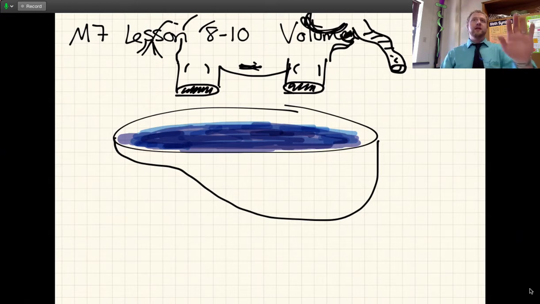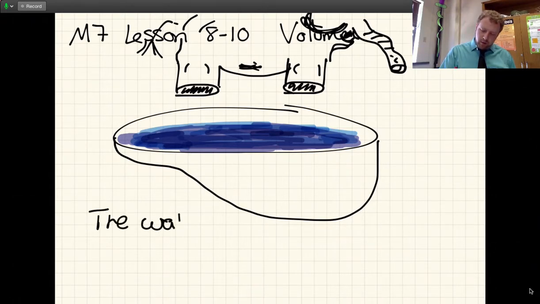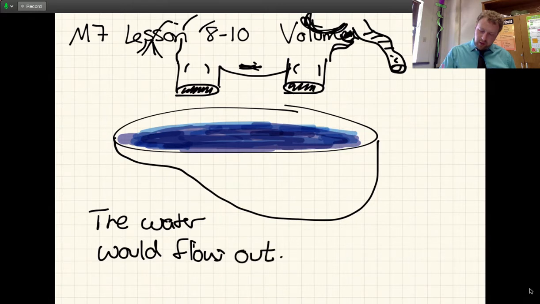All right, now in all seriousness, ladies and gentlemen, what would happen to the water? Okay, Jacob? It would splash. Well, we'll ease the elephant into the water. Mr. Miller, the water would flow out.